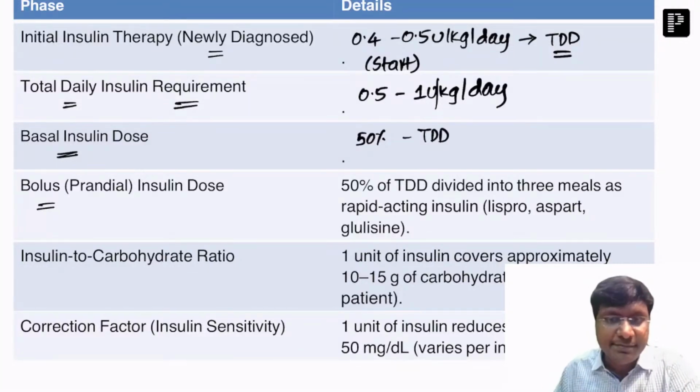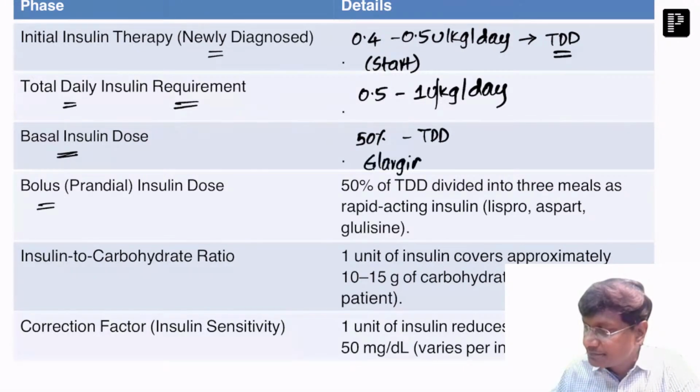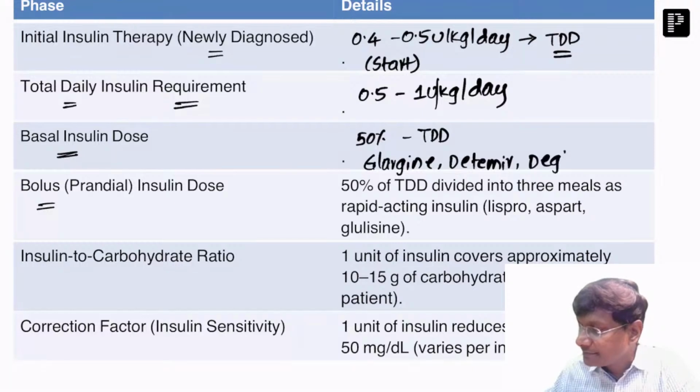And what are the examples of the basal insulin? The examples of the basal insulin include glargine, followed by detemir, followed by degludec. Okay, so these are the basal insulins.